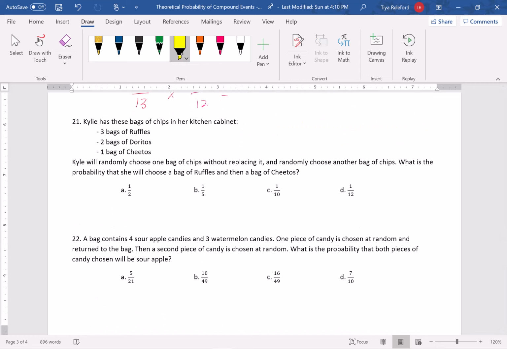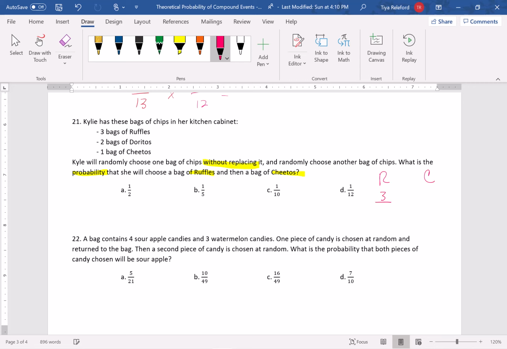Kylie has these bags of chips in her kitchen cabinet. She will randomly select 1 bag of chips without replacing it and randomly choose another bag of chips. What is the probability she will choose a bag of Ruffles and then Cheetos? So you need probability of Ruffles and Cheetos.